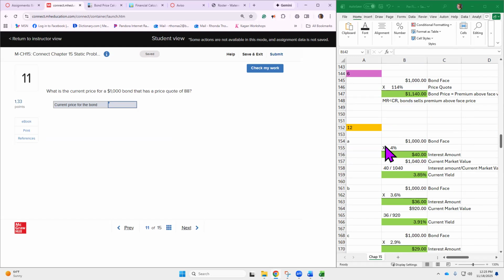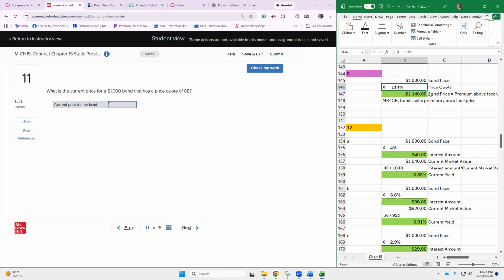Whenever they quote a bond at its current price, they'll say this bond is selling at 88, this bond is selling at 90, this bond is selling for 102. So that's above the face, right? Whatever this number is, it's the percentage of the face.